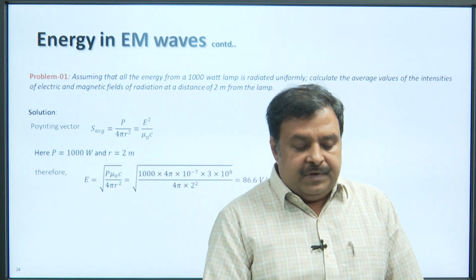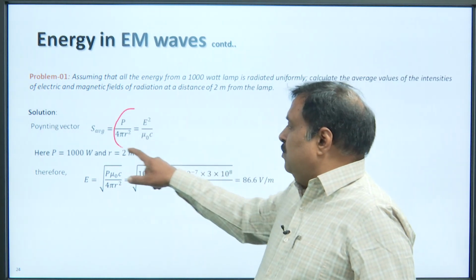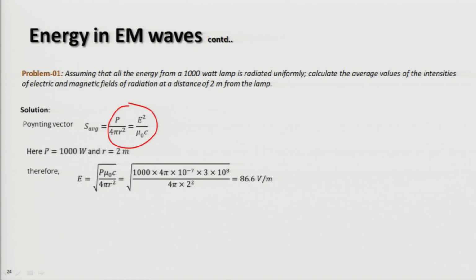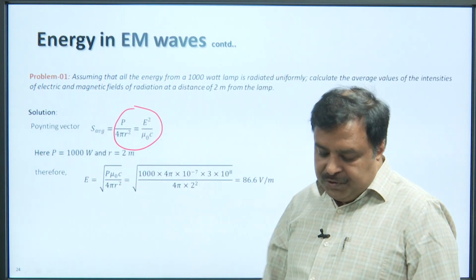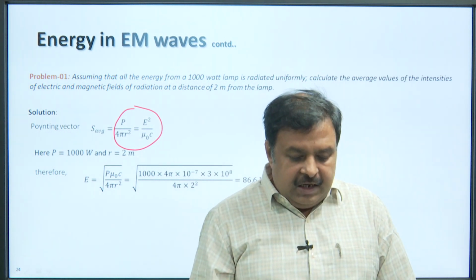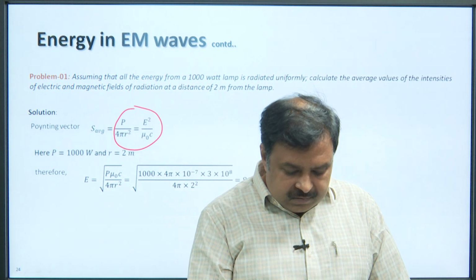Therefore, you can evaluate the electric field from this relation. Substituting the values, E can be determined as 86.6 volt per meter.